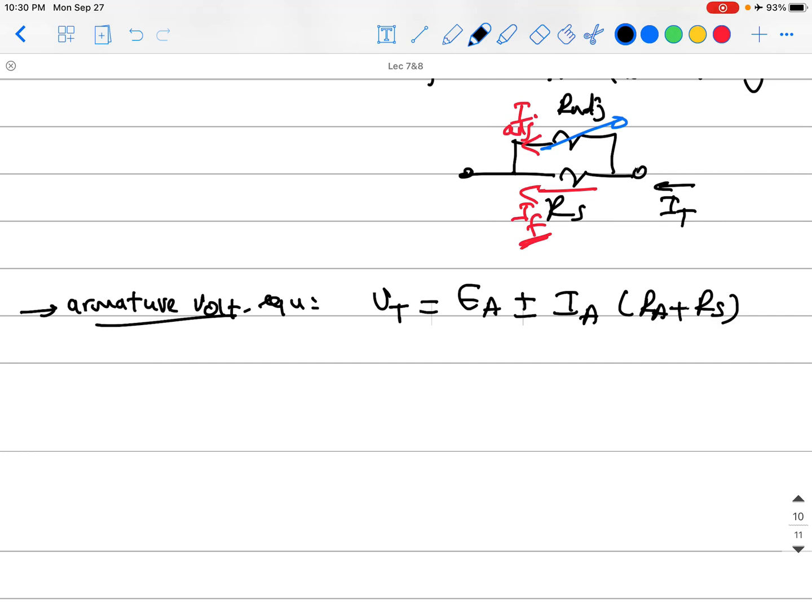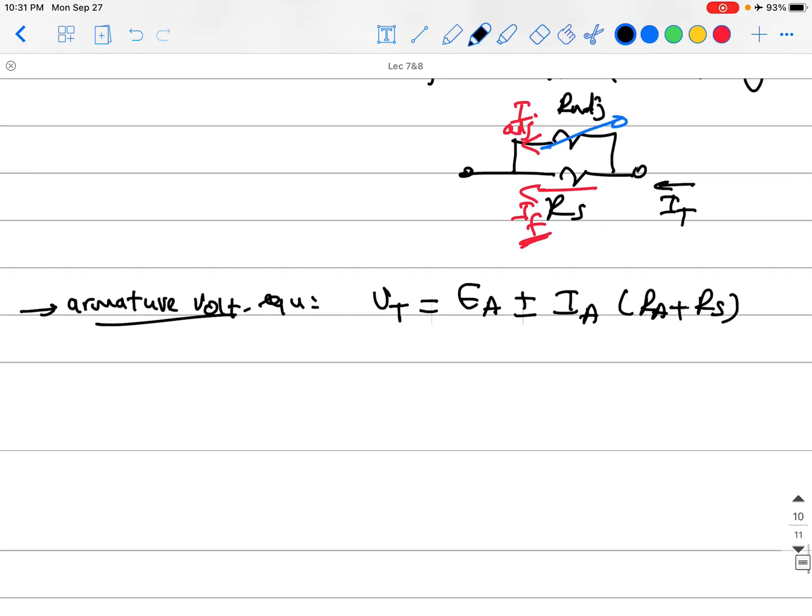If you have adjustable resistance, this RS in the equation will just be replaced by the equivalent of RS and R adjustable together in parallel. You know the idea. If there is no adjustable resistance, it will be just RS.